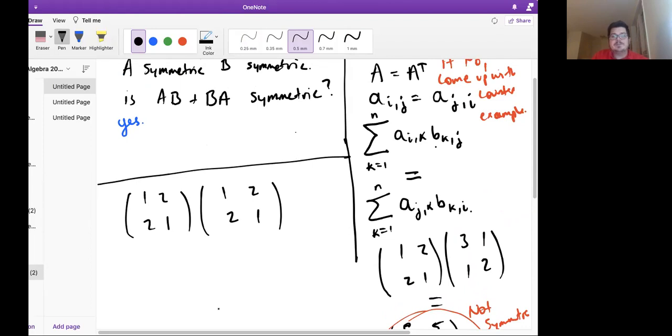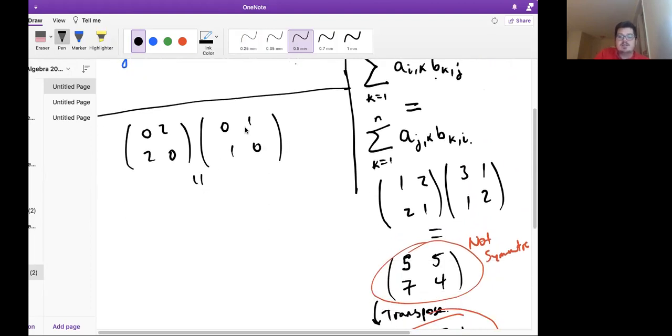We can even make them different. Or let's make them even more different. Let's see what the product of this would be.